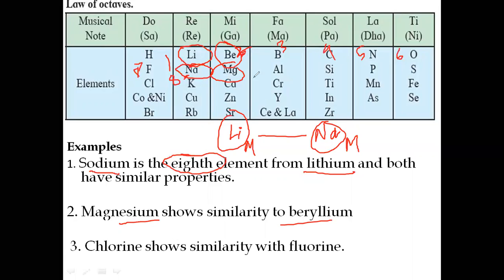Suppose beryllium is the first element; from beryllium, magnesium will be at the 8th. So again, beryllium and magnesium must show similarity in properties. How are they similar? As we know, magnesium and beryllium both have valency 2 and show their properties.